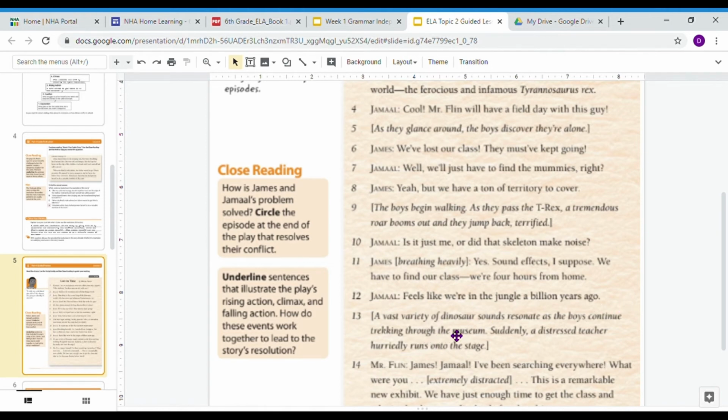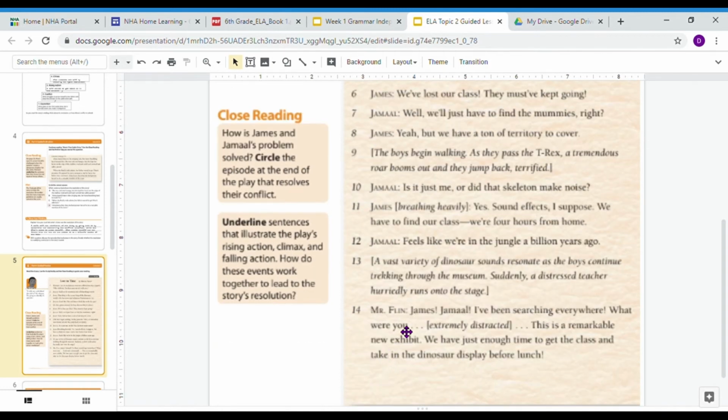A vast variety of dinosaur sounds resonate as the boys continue trekking through the museum. Suddenly, a distressed teacher hurriedly runs onto the stage. Mr. Flynn. "James! Jamal, I've been searching everywhere! What were you—" Extremely distracted. "This is a remarkable new exhibit! We have just enough time to get to the class and take in the dinosaur display before lunch."